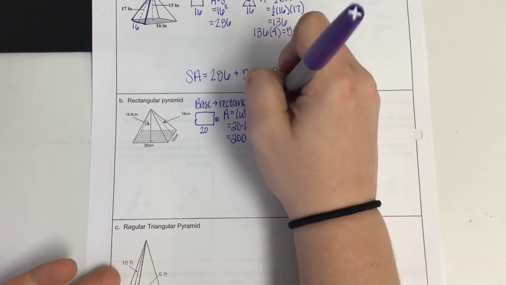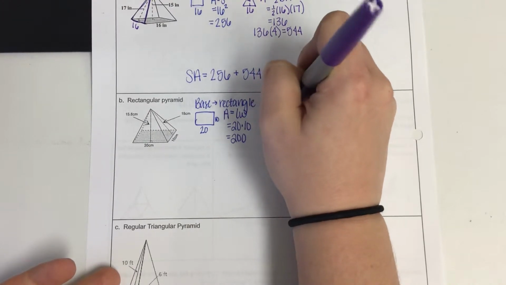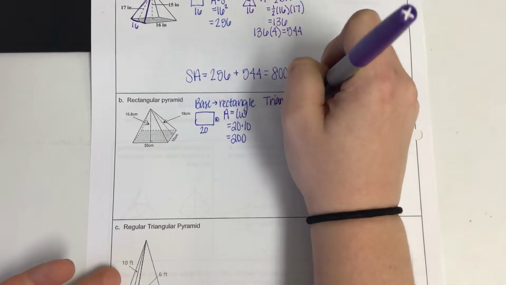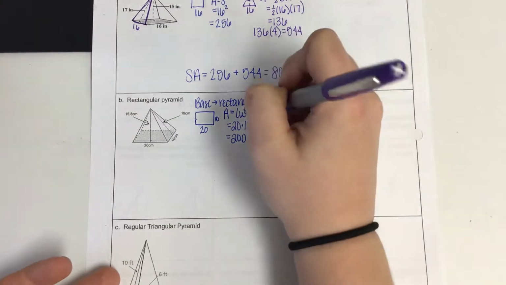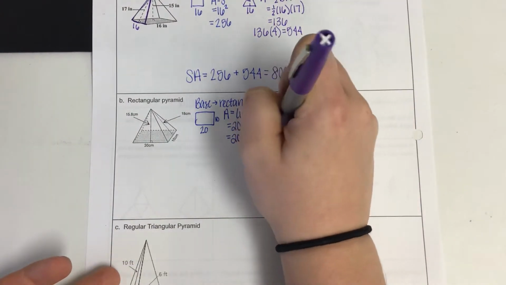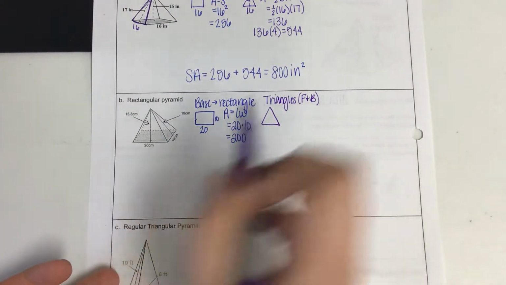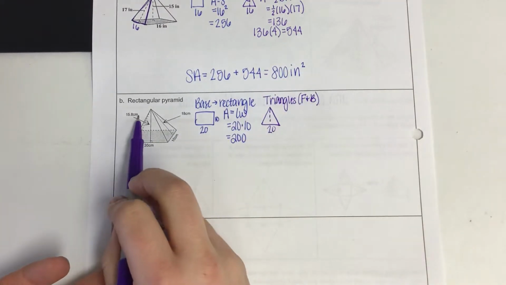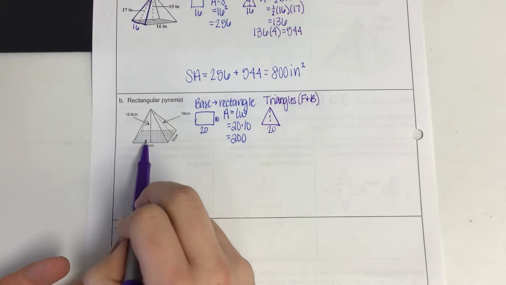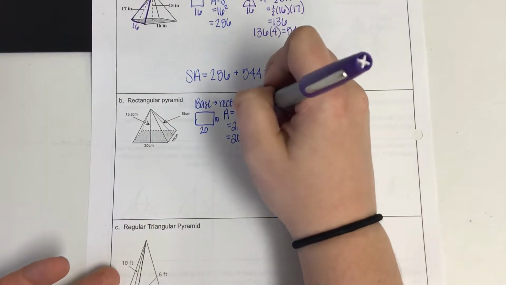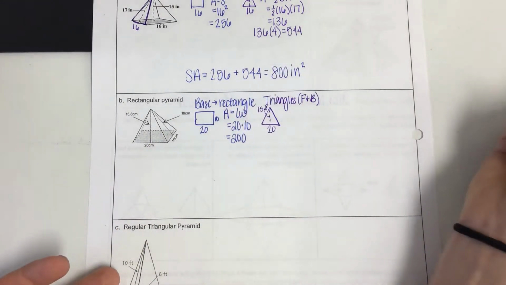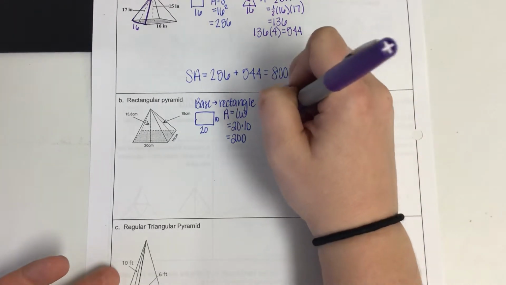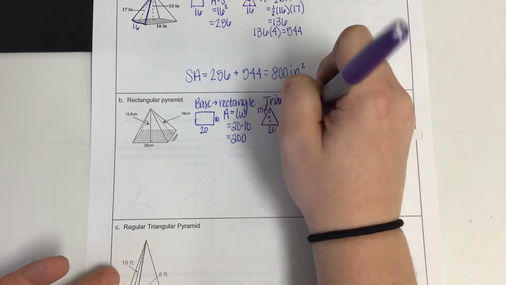So let's begin by looking at our triangles that are in the front and back. If I'm looking at my front triangle, I can see that my base is 20, and the height of it is 15.8. It's pointing to this line down the middle of our triangle. The formula for the area of a triangle is area equals 1/2 base times height.